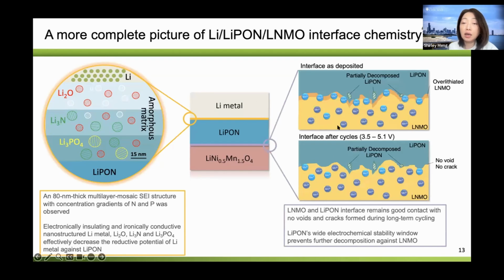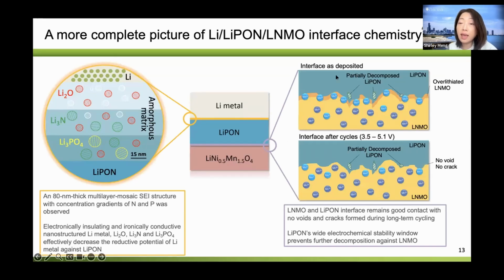Now, on the cathode and the LiPON interface, in our model system there is no interference from carbon black or from binders, so the signals are very straightforward to interpret.